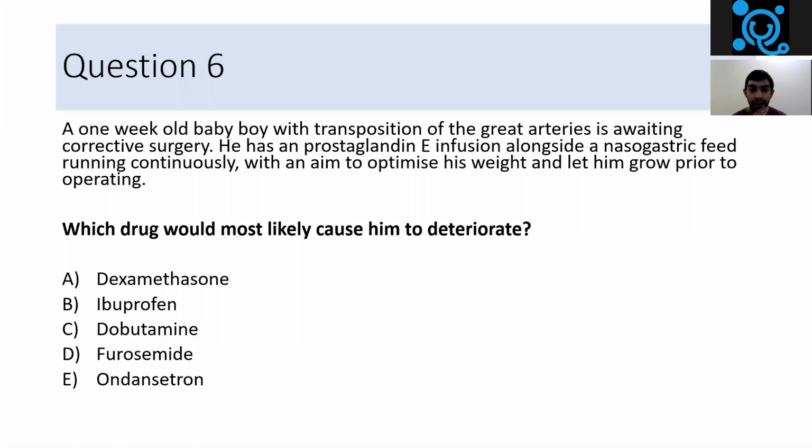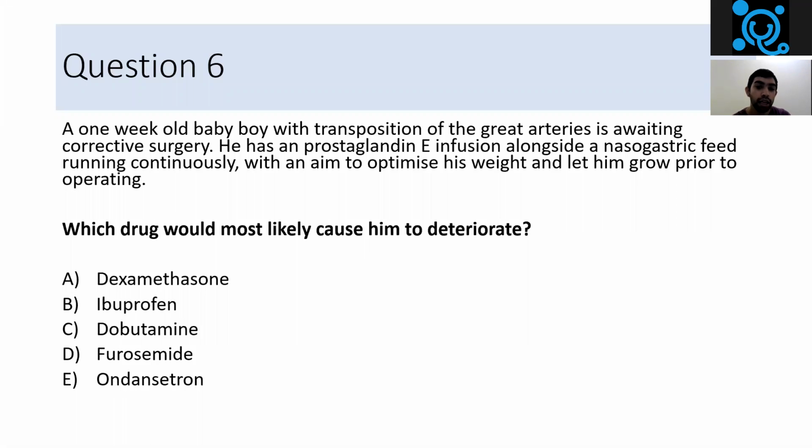Now, from a pharmacological perspective, you should know that ibuprofen is a cyclooxygenase inhibitor. And that in turn inhibits, I believe, the conversion of arachidonic acid along the pathway to prostaglandins.